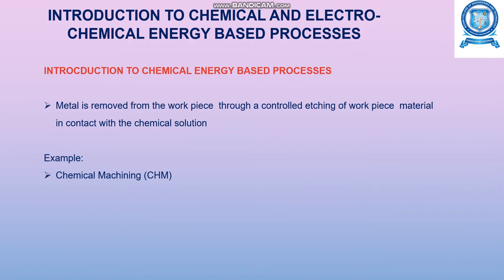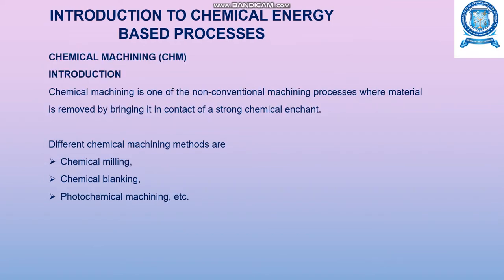The example for this chemical energy based process is chemical machining. Chemical machining is one of the non-conventional machining processes where material is removed by bringing it into contact with a strong chemical etchant.